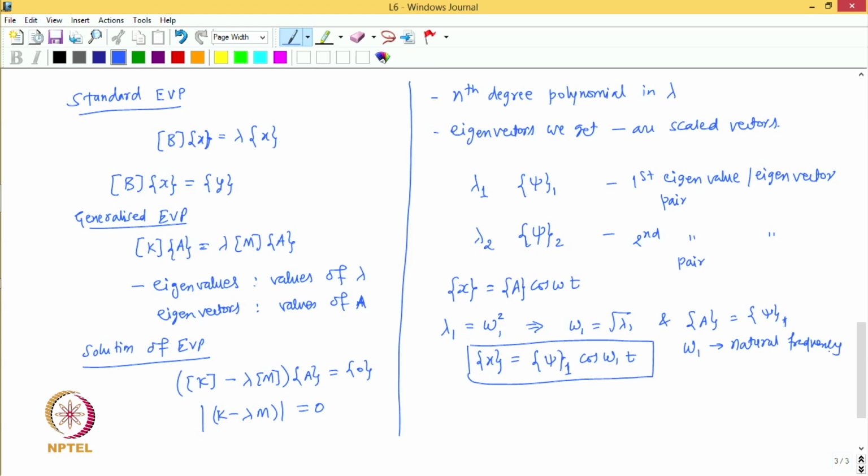And the psi 1 represents the displacement of different masses in the system, right, and therefore it represents the shape of vibration of the system. It represents how the different masses vibrate, and because this eigenvector can be scaled by any scalar, it only represents the relative motion of different masses.